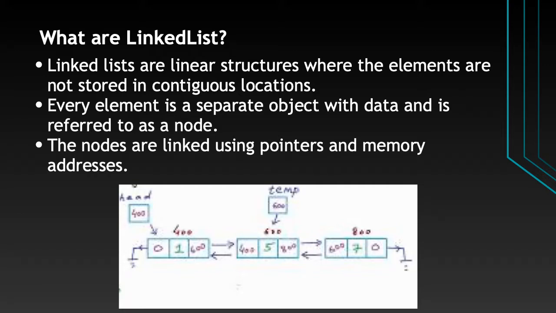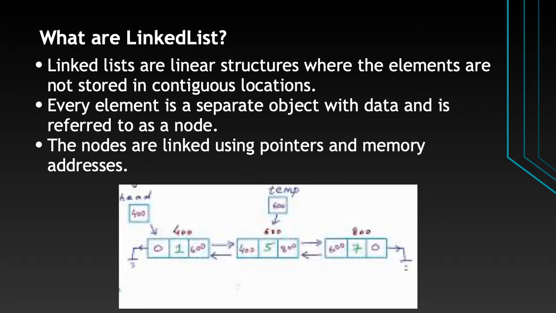I'm going to give you an example here of three different nodes. Here's our head node, and here we have the address of 400. So the previous address is 0, but the next address is 600. So we follow along and look for the next node at the memory address of 600, and here we find the next element, 5.